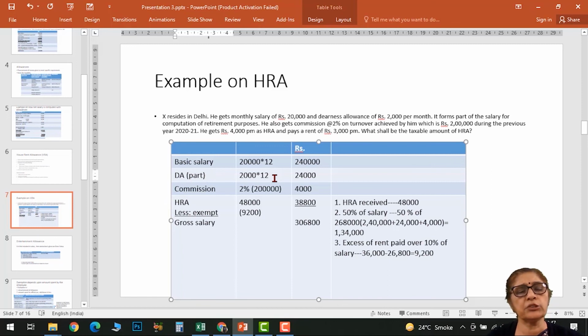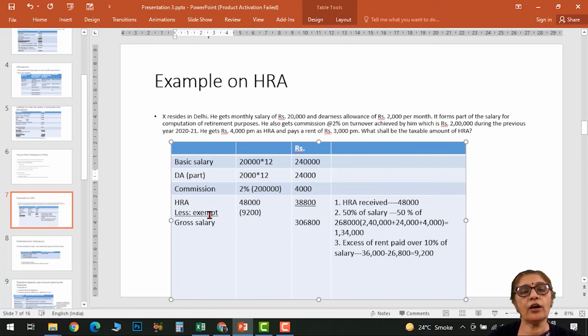It's taxable anyways, part or not a part. But if you write here, you do not have to read the question again and again. Commission 2% of turnover. So turnover is 2 lakhs, 2% of 2 lakhs, 4,000. So this is taxable, this is taxable, this is taxable. Additionally, he gets HRA, house rent allowance. How much? 48,000, that is 4,000 per month.